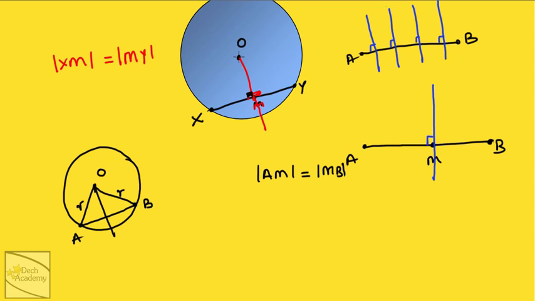Imagine if I draw a line from this center of the circle to the chord, but to any other point. This line is not perpendicular and doesn't pass through the midpoint, but the line which passes through the midpoint is always perpendicular to the chord. Alternatively, you can think of it this way: a perpendicular line to a chord always passes through the midpoint of the chord. So what I've done here is I've drawn a perpendicular line to the chord AB. So I know that that line passes through the point M, the midpoint.